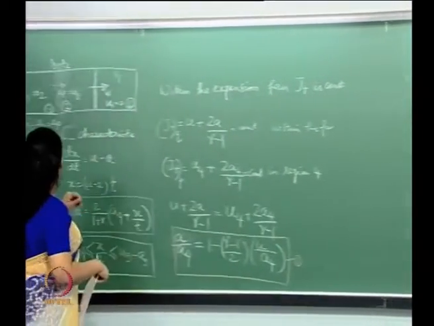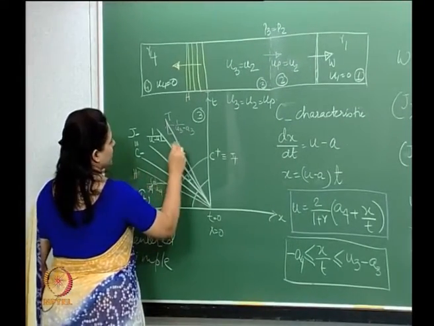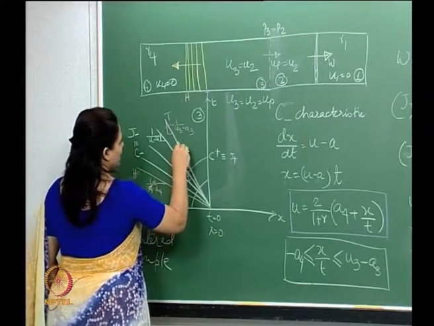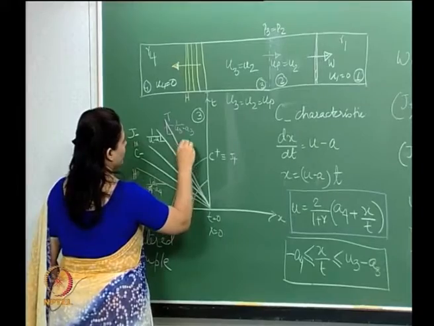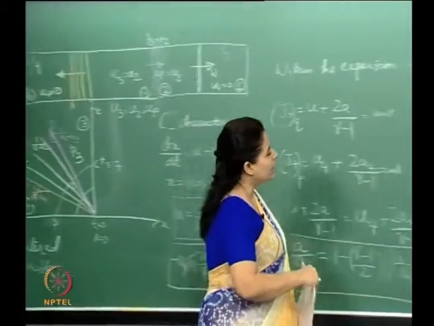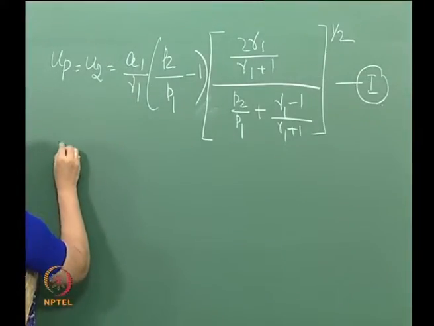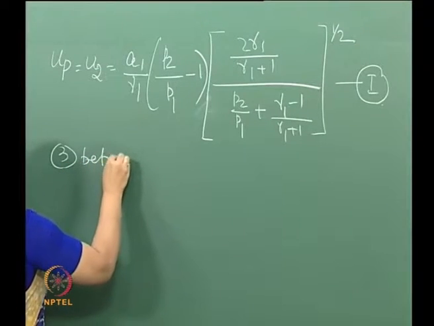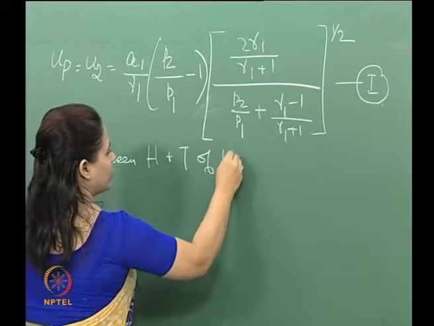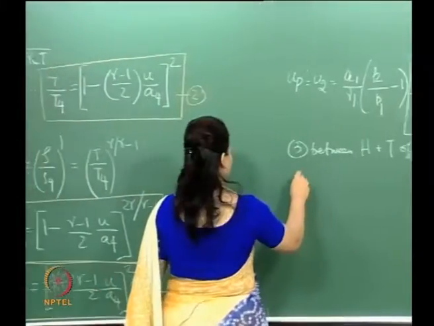If I look at this fan and apply this between the head and the tail of it, head is this region which is P4, and tail is essentially this region, P3. So I am going to apply equation 3 between head and tail of the fan. If I do that, what I get is this.